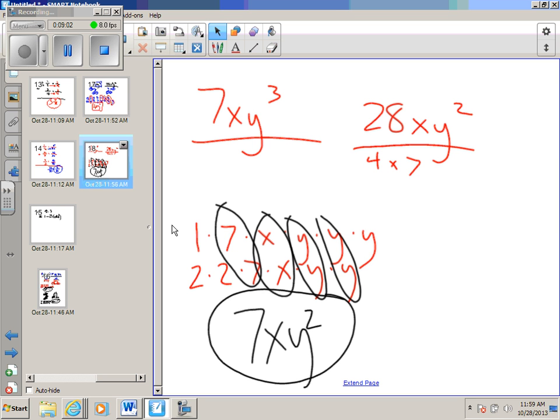Chris? Just r. 9, 5m and 20m cubed? Mia? 5m. Good. 3x squared, 15x cubed? Yes, 3x squared. Very good.